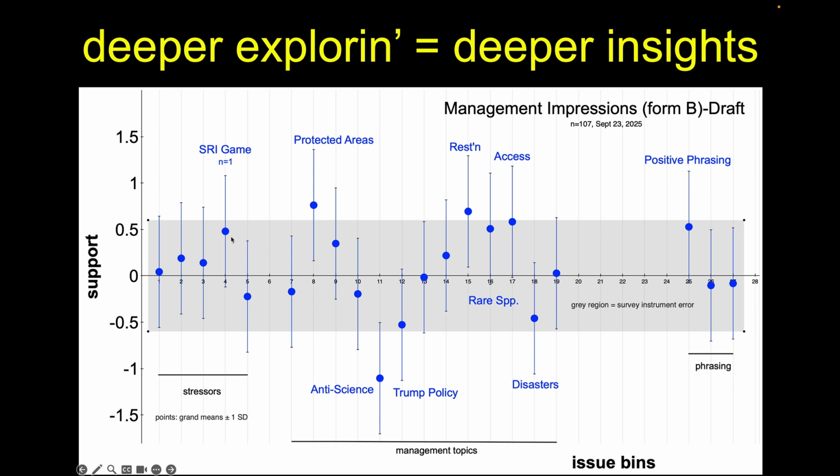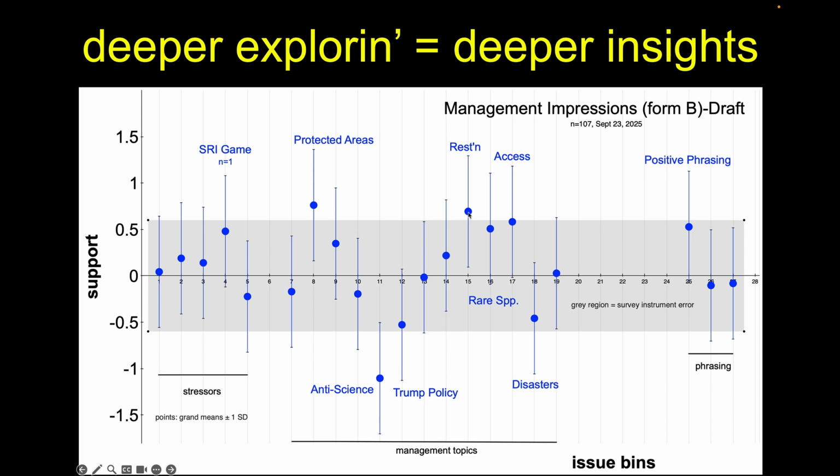And then I've calculated the grand mean of each of these groups of responses, and calculated the mean and the standard deviation. And what we see here is some things actually extend beyond that noise layer, that survey instrument error. And what we see is protected areas. Questions about protected areas, management of protected areas, are generally seen as much more positive than other things.